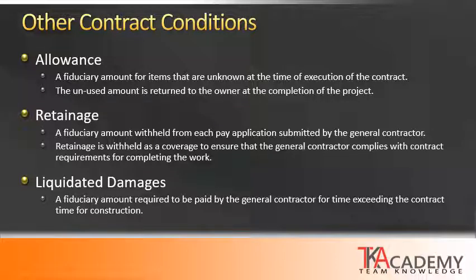So if they go late, if it's supposed to be a 24-month-long project, and the owner is needing that project to be done so that they can open their doors and start conducting business, and the contractor takes longer, it takes 28 months, well, the owner is then losing that potential profit, and so they apply liquidated damages to the general contractor to cover that profit. So the general contractor is paying additional money for every month or every week or every day that they are late in turning over the project.